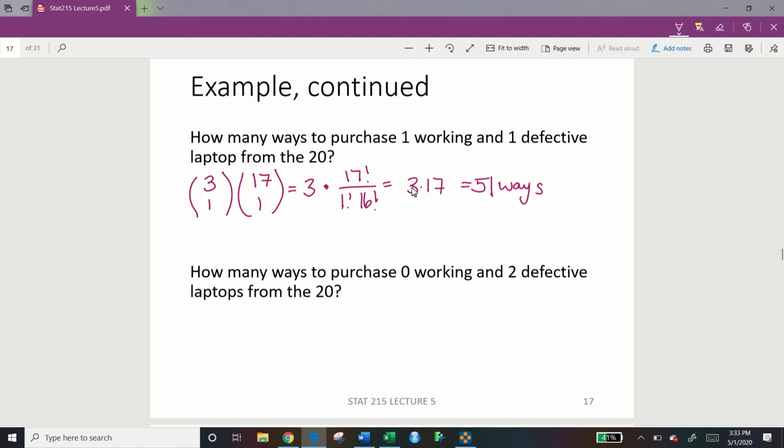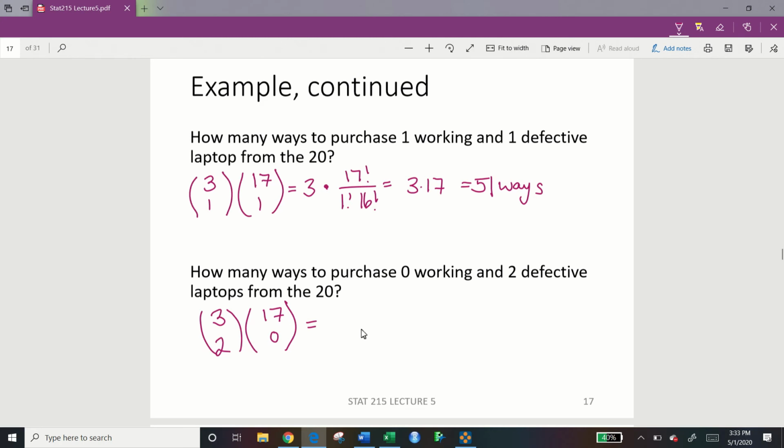Now, if we do this next question right, we should have even fewer ways, because how many ways to purchase 0 working and 2 defective laptops from the 20? If you recall, we have 3 defective laptops and 17 working. We are assuming of the 3, we choose 2 that are defective, and of the 17 working, we select 0 of those.